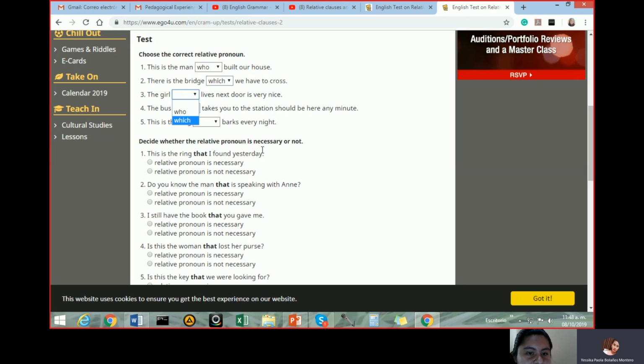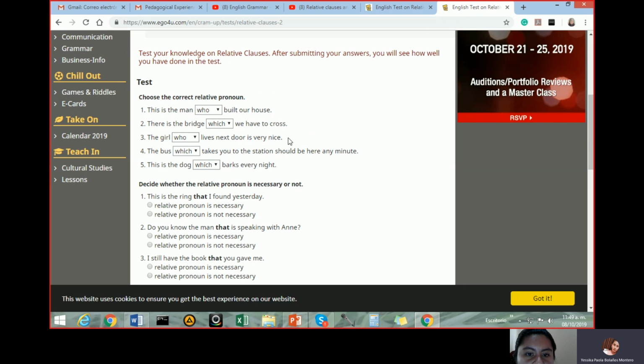Number three: the girl who. Okay, perfect. Number four: the bus which. Number five: the dog which. Very good. This is the first part, and this is very good. And now please read me the five expressions in English.